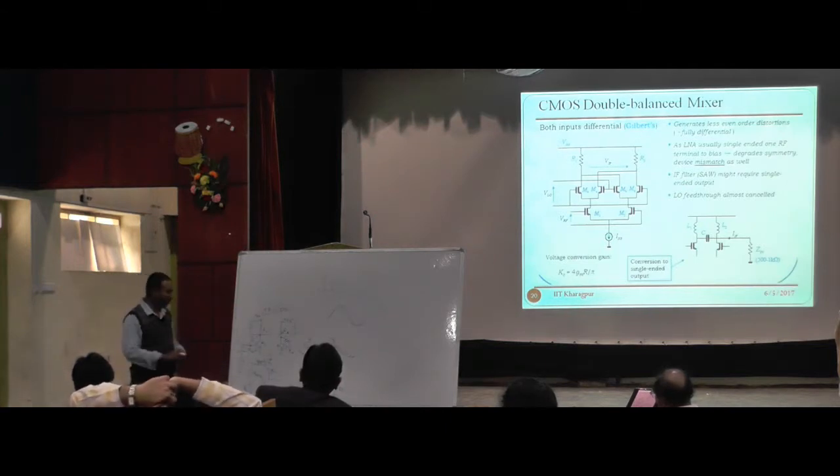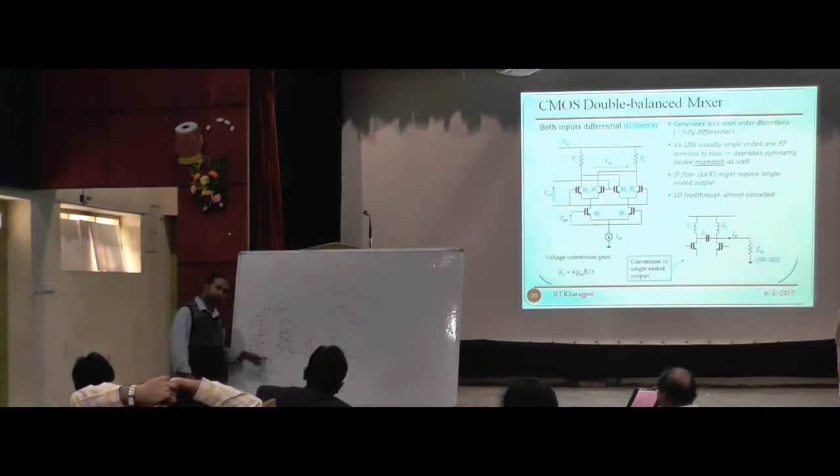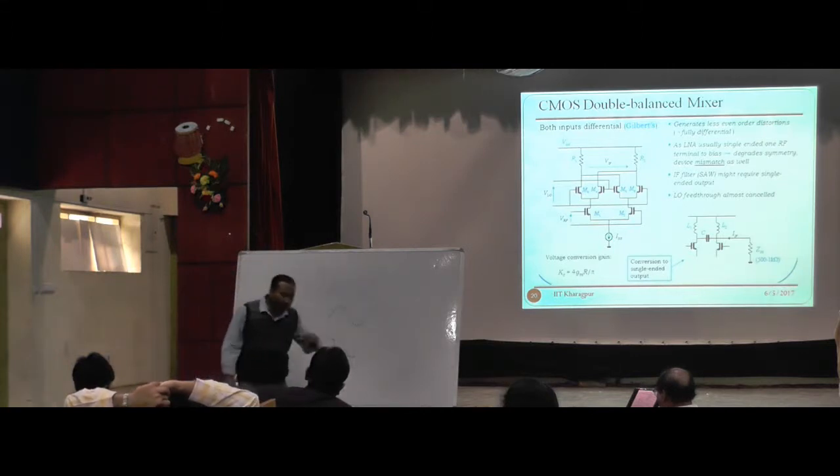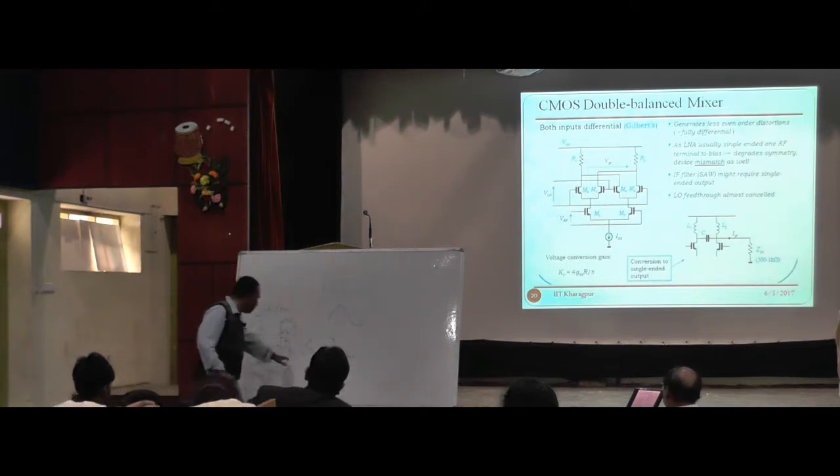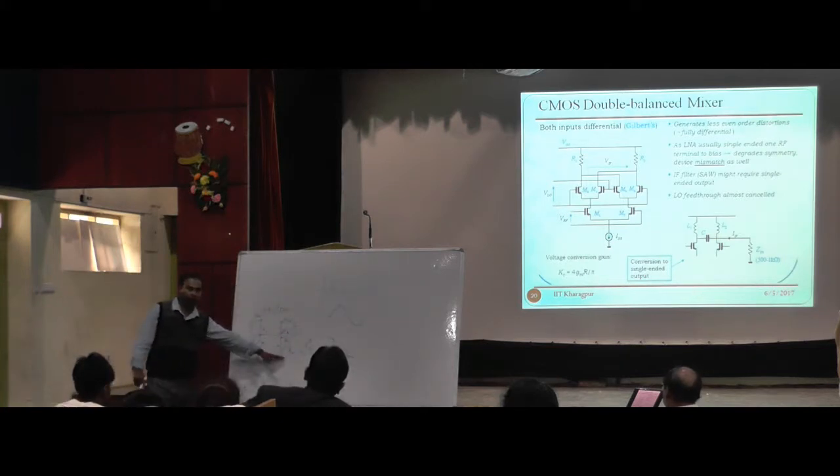Another very difficult point to realize. Again, this is difficult; it's not an easy thing to understand. When you are switching, the LO amplitude requirement is just to commute the current from one branch to another branch.